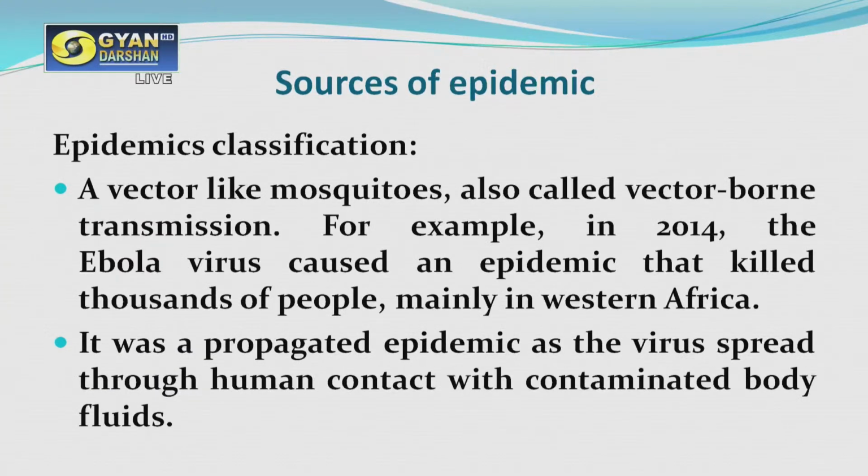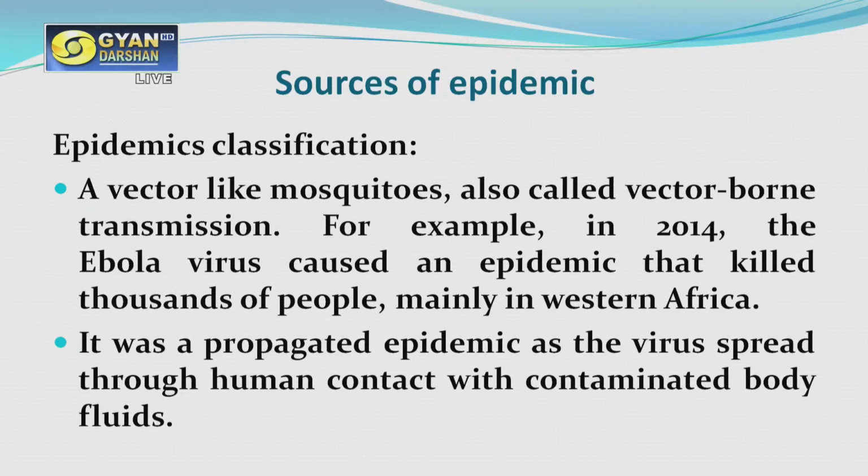An epidemic can also be spread by a vector like mosquitoes, which is called vector-borne transmission. As I mentioned in the beginning, dengue and chikungunya are examples. One example here is from 2014, when the Ebola virus caused an epidemic that killed thousands of people in Western Africa.